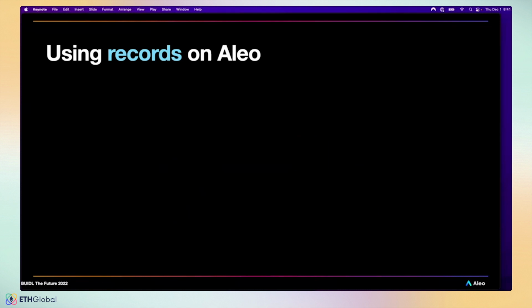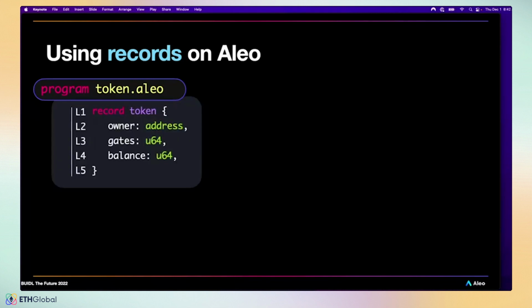Now, how does this work in principle, in reality here? We're going to instantiate and look at this record model under the context of tokens. We're going to describe user-defined tokens in Aleo and in Leo, and we'll see how the record model enables this use case. So quickly, we have some record token, which has an owner and gates as required, and some balance for that token.